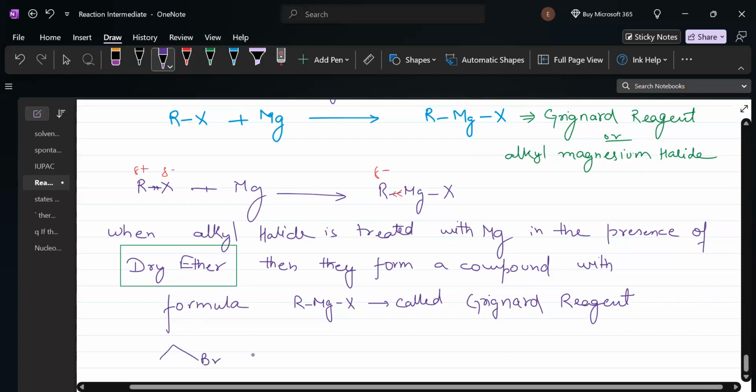Similar examples, no problem, with dry ether.